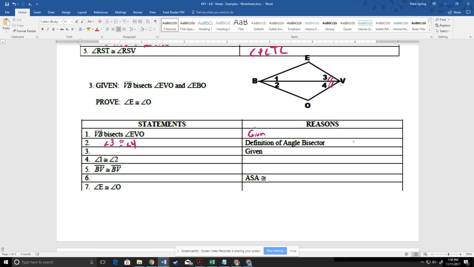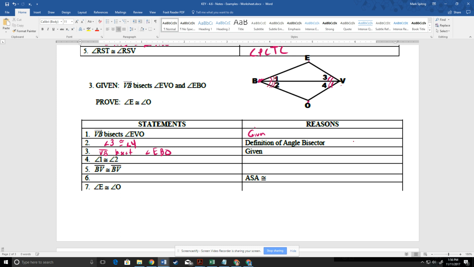And then we have the other given. Well, we split this one statement up into VB bisects EVO. We can also say that VB is going to bisect the second part here, and that's EBO. And so EBO is this other angle over here with the vertex at B. Because it's bisecting it, it's cutting EBO into two congruent angles.